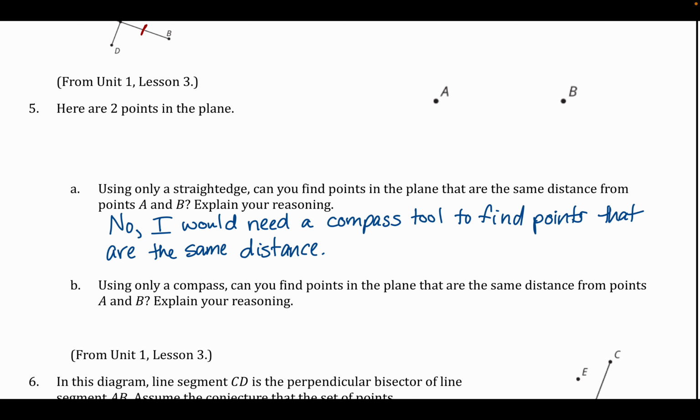Okay. Now, part B says, using only a compass, can I find points that are the same distance away from A and B? So using only a compass, I can find points. I can't necessarily find all of the points that are the same distance away from A and B at the same time.